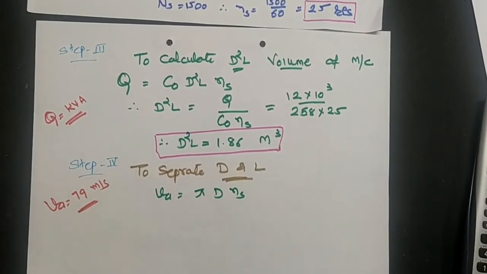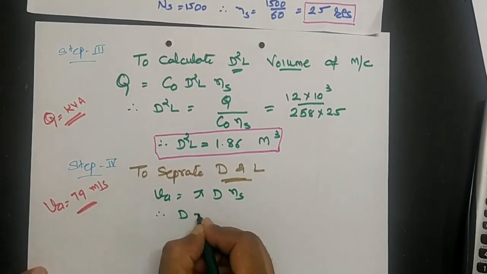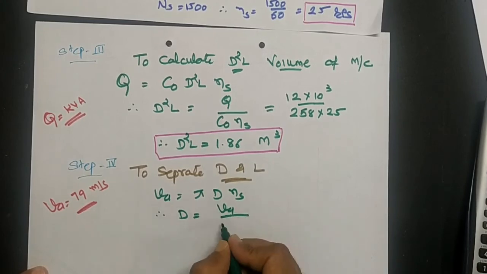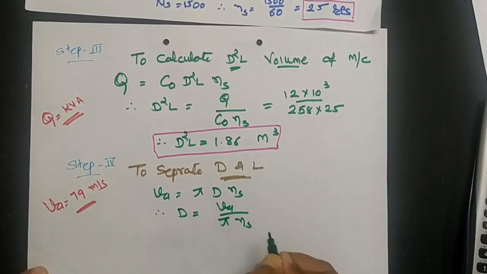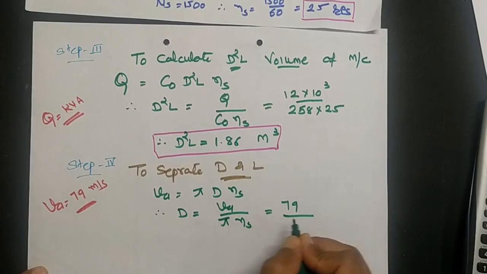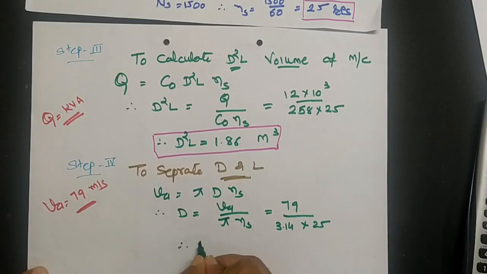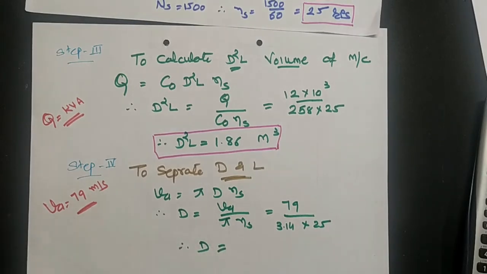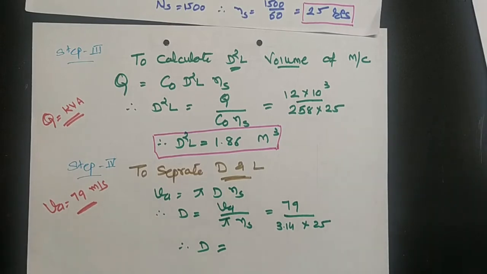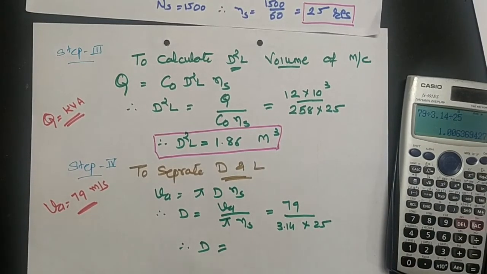Based on this equation, the diameter is VA divided by pi and ns. So 79 divided by 3.14 divided by 25 comes to exactly 1. So the diameter is 1 meter.